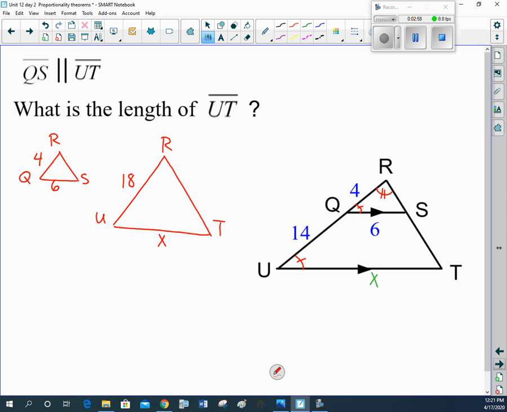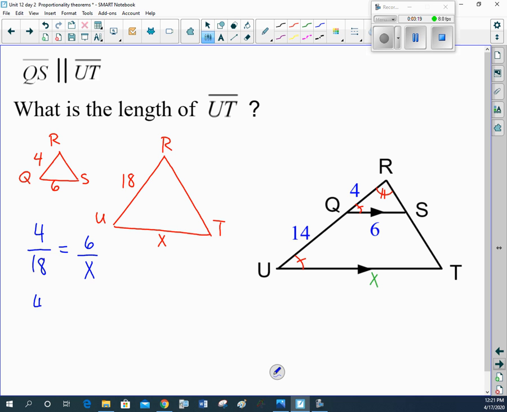So I'm going to compare corresponding sides. So 4 is going to match up with 18, that side, equals 6 over x. And then I'm just going to go ahead and solve that for x.